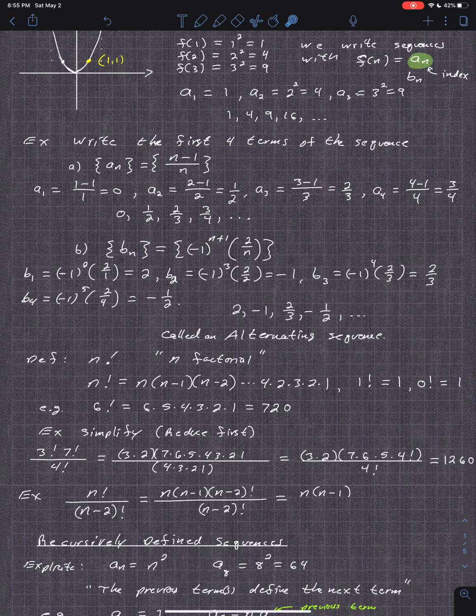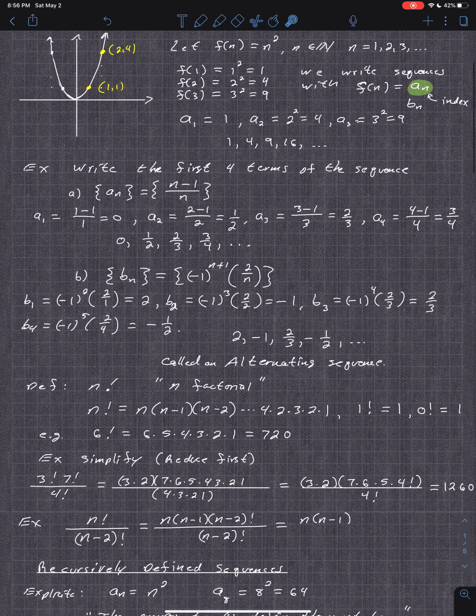Sometimes we write, when you have this notation that looks like set notation, you don't say the set of, you say the sequence a sub n. And a sub n we call the nth term. So the general term is called the nth term.